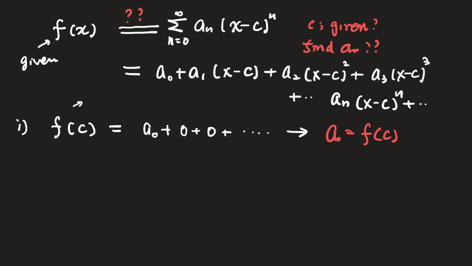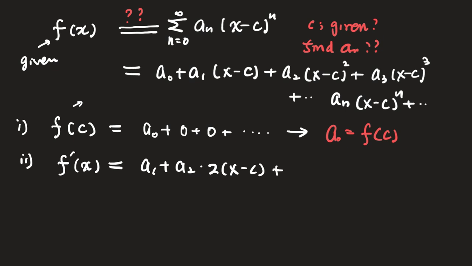Okay? Let's do the second. You want to find a1. So you're going to take the derivative: f prime of x on the left side. The right side is a1, plus a2 times 2 (x minus c), plus a3 times 3 (x minus c) squared.